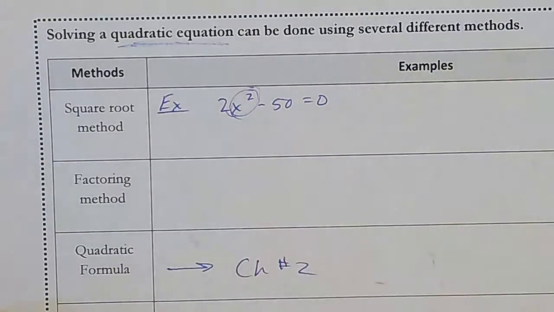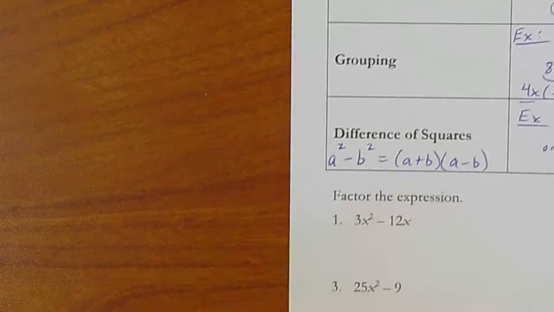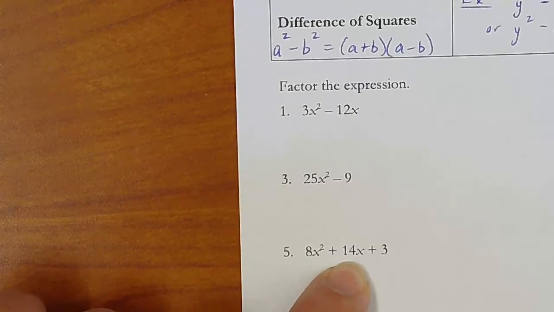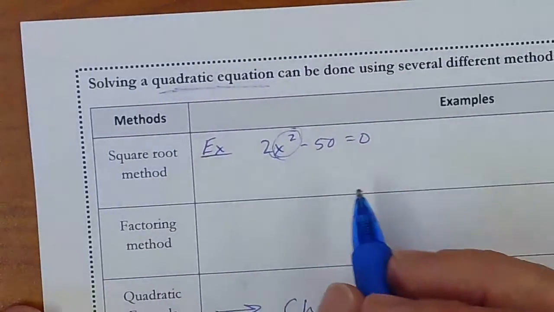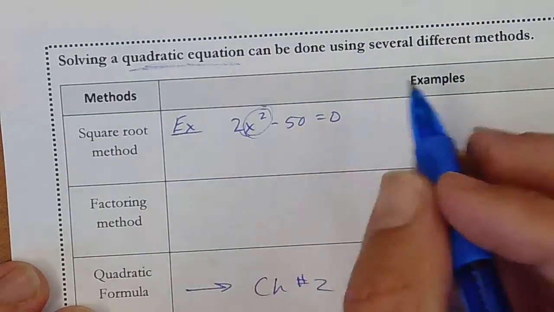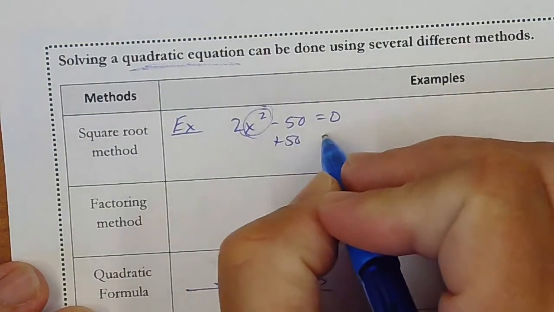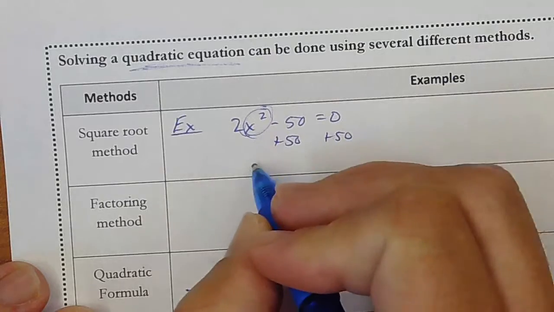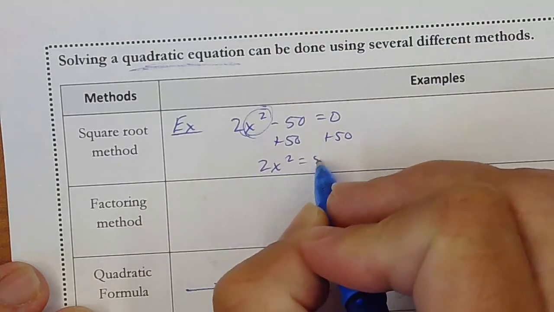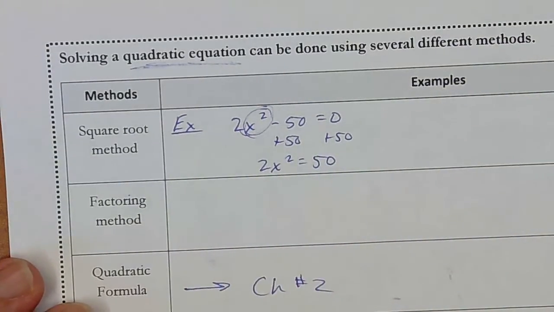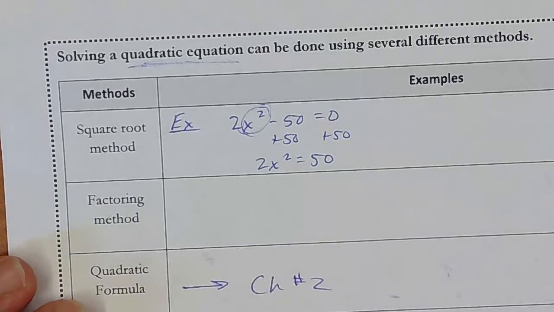Like if you compare this to some of these where it had an x term, there is no x term. So we could get x squared by itself pretty easily. So what we're going to do is add 50 and rewrite it. So we get 2x squared equals 50. And pause right here. And the rest of it will be on video 2.